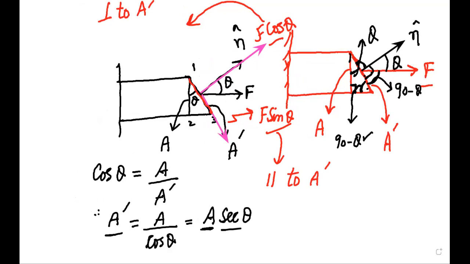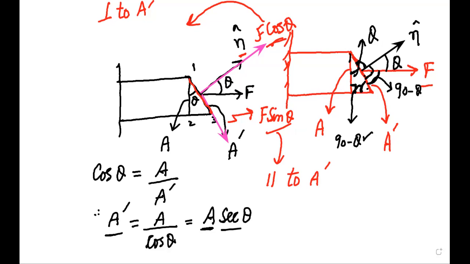Now let's discuss the stress created by F cos theta. F cos theta creates stress on the area such that the unit normal to the area and F cos theta are in the same direction.